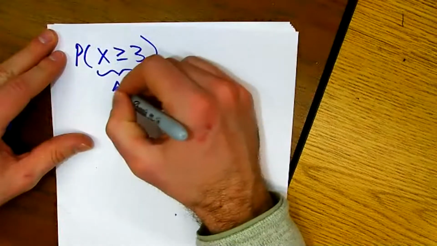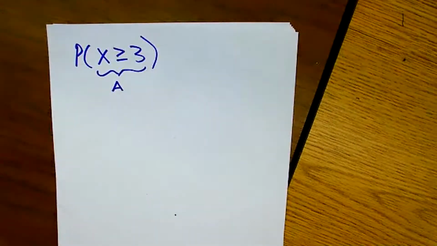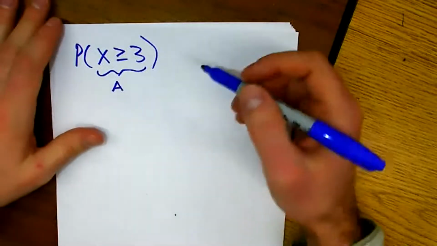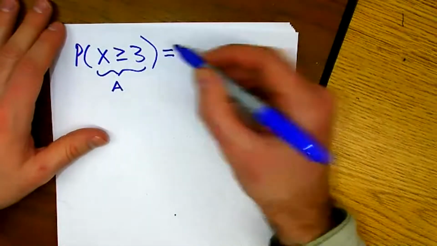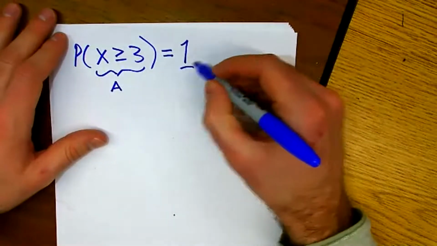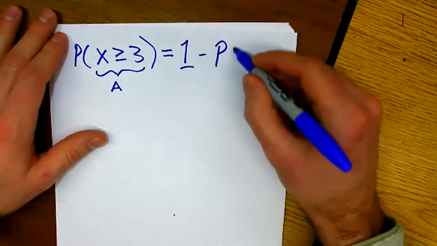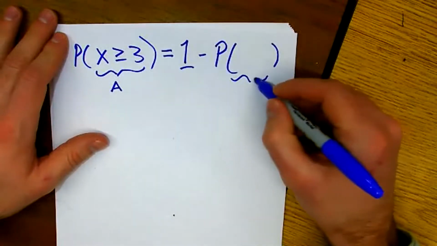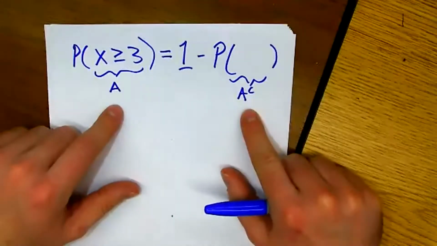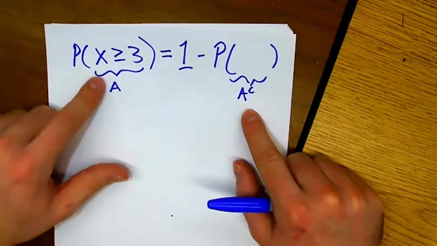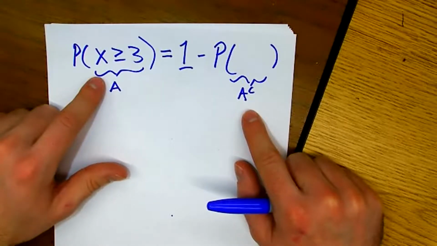Let's call that event A. Using the complement rule, I know that I can always find the probability of an event using 1 minus the probability of its complement. So what would the complement of x greater than or equal to 3 be here?